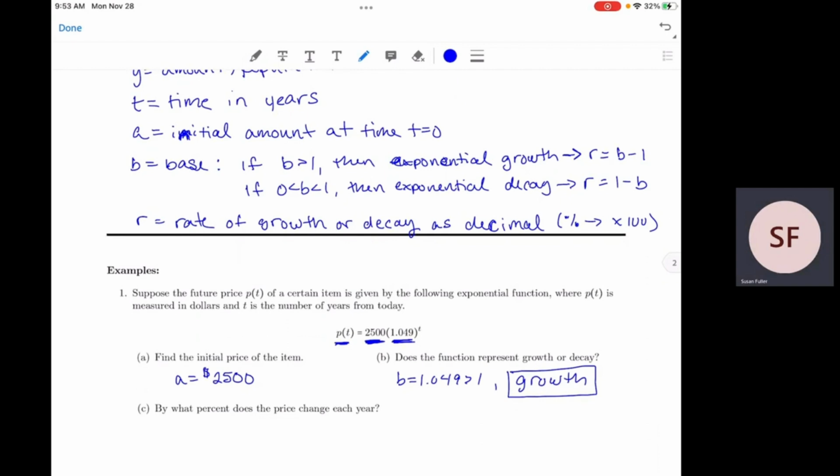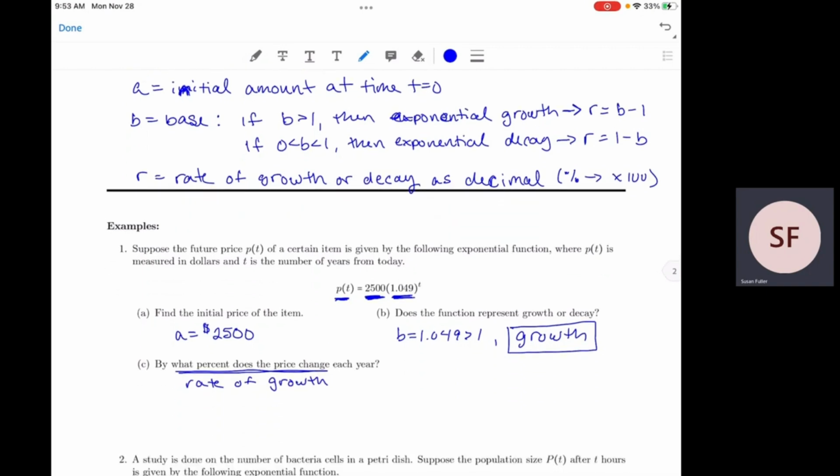And then by what percent does the price change each year? This means the rate of growth. That's what we're looking for. This is asking for that value R. So that R value tells us by what percentage we are growing or decaying every year. Because we have exponential growth, we're going to calculate our R value by doing B minus 1.